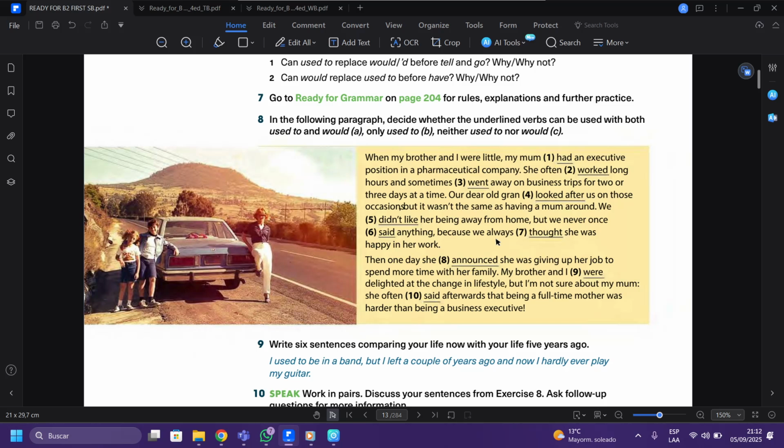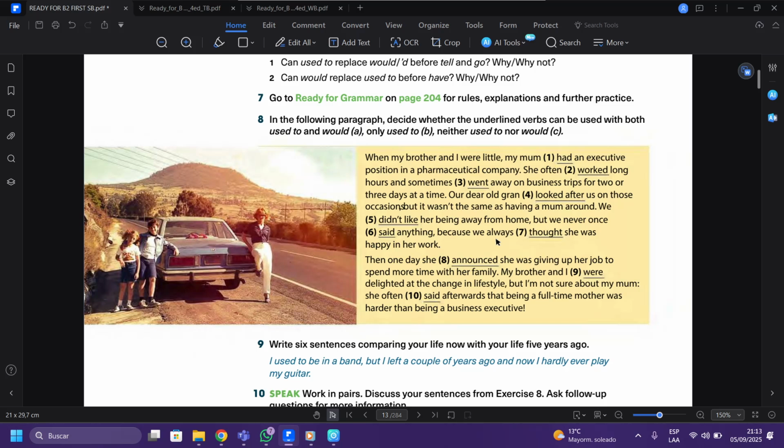Yeah, perfect. Number three. And sometimes she went away on business trips. We can say she used to go away or she would go away. The second one. For example, in this case, it could be sometimes she would go away on business trips, right? Yes, that is perfect.